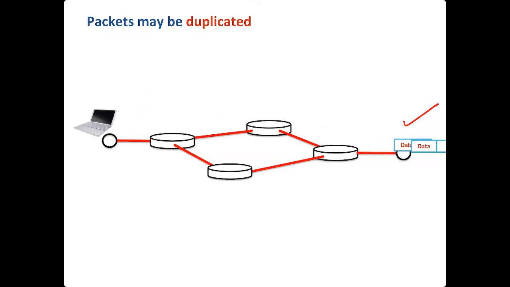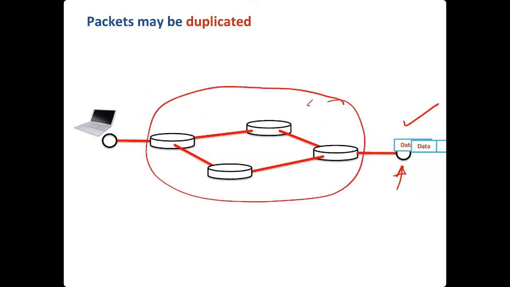So now whose responsibility is it to find out that these are duplicated? The internet says that it's not my responsibility. If some node has created two packets instead of one, both will reach because both will be the same, have the same destination address, and will come here. And the end node has to find this out.